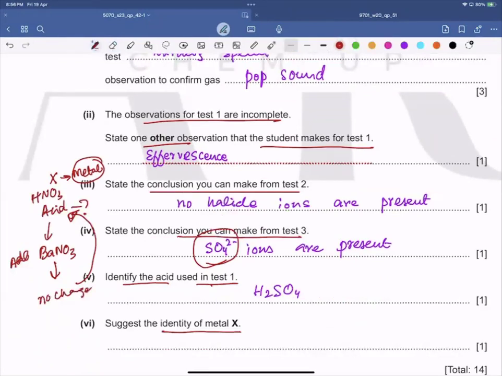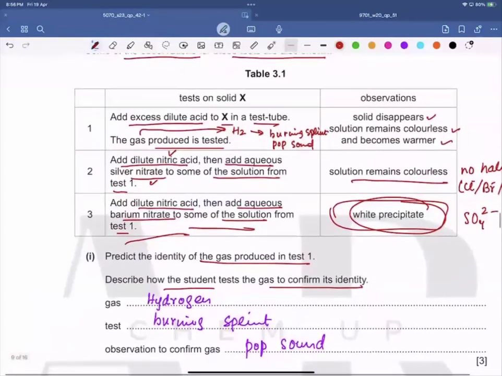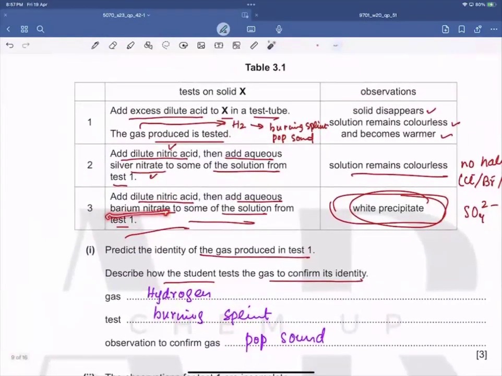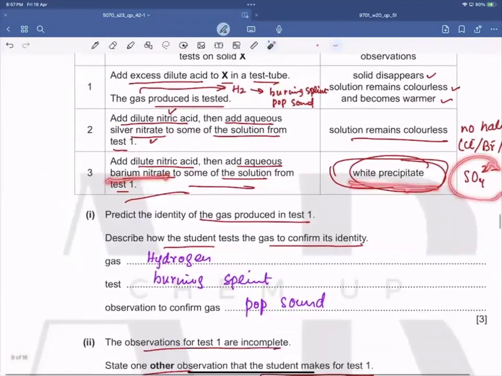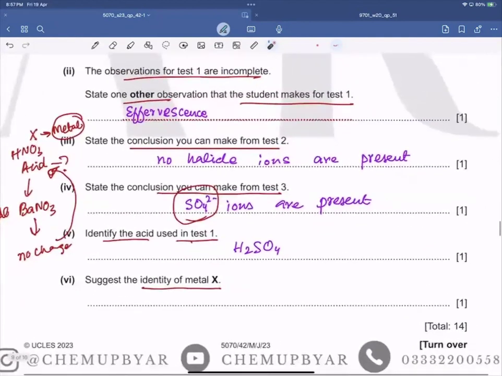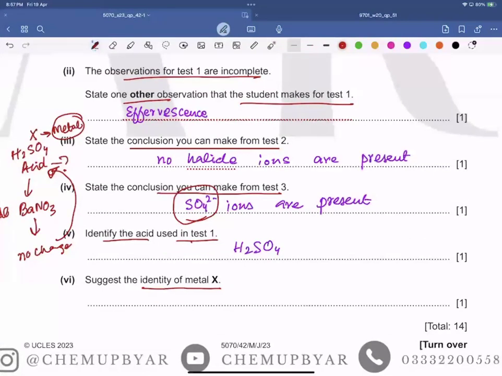Because barium nitrate reacts with the sulfate ions to form barium sulfate. And here, when we have added barium nitrate, we get the white precipitate. It means that the sulfate ions are present. So from where do the sulfate ions come? Because there is a metal only. So it means that the acid that we have used is sulfuric acid, which contains sulfate ion. Is it clear? Okay.